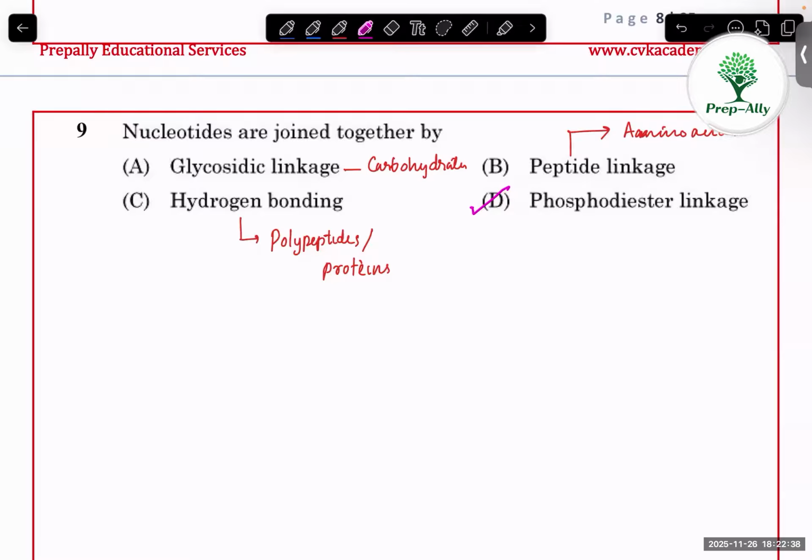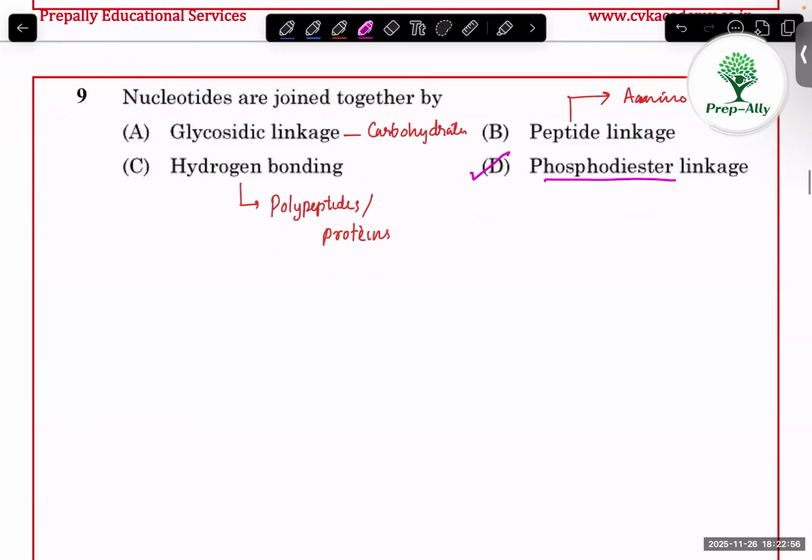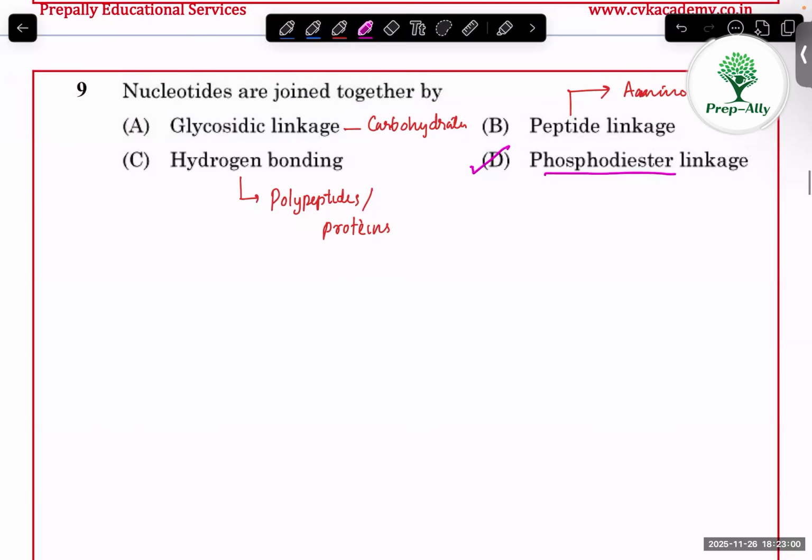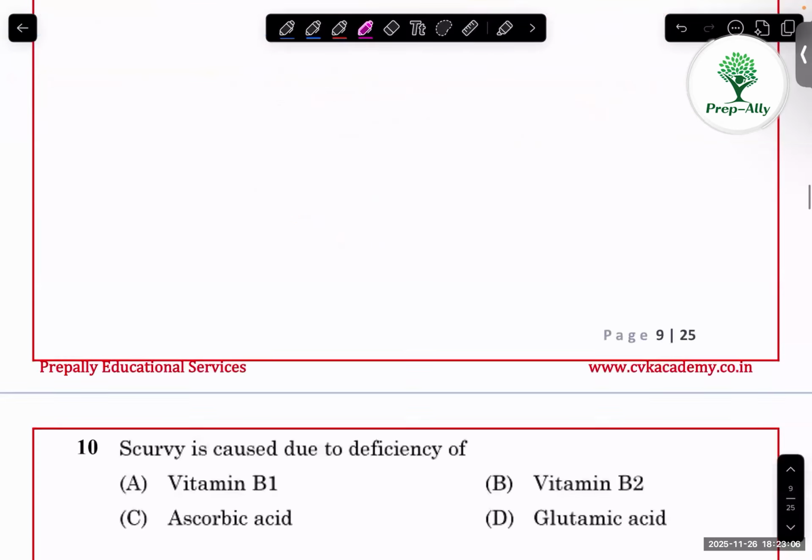These nitrogen bases plus this sugar are connected with the phosphate part, and this phosphate is actually linking both different nucleotides. So this phosphodiester linkage is there. You don't need to worry about the structure and all. Phosphodiester linkage, that name only is important. So that is that, and remaining things also keep in mind, right? Glycosidic is carbohydrate, peptide means amino acids.